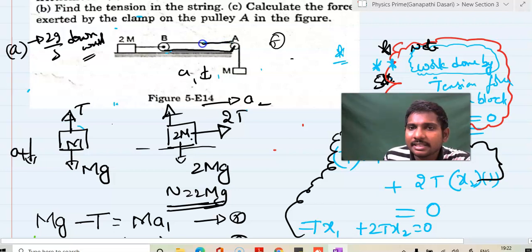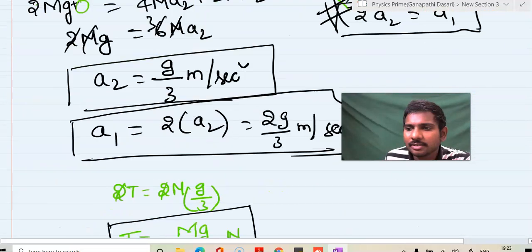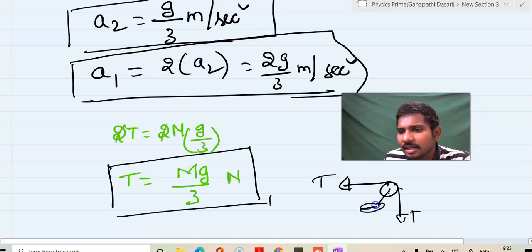So on the pulley, there is a tension T in this direction, and a tension T in this direction, pulling downwards and pulling to the left. Net force should be 0, the way we solved in the previous questions. Pulley, T in this direction, and this is the clamp, and T in this direction. And there's another string here, connected to this clamp, not to the pulley.